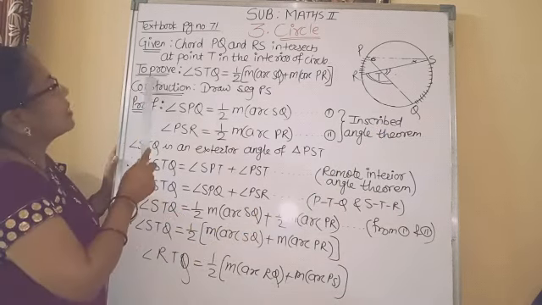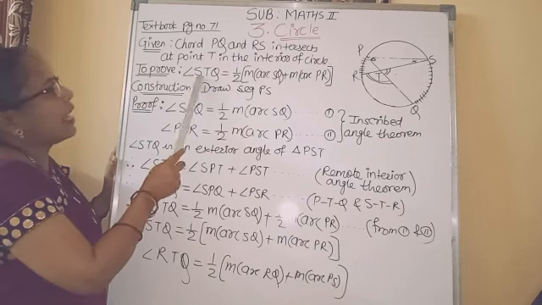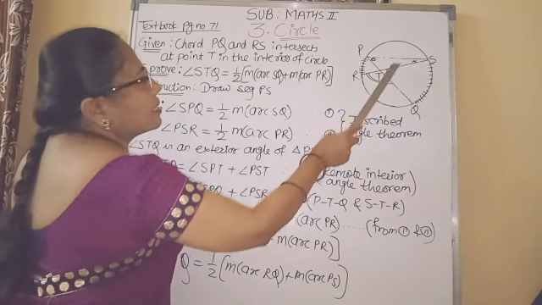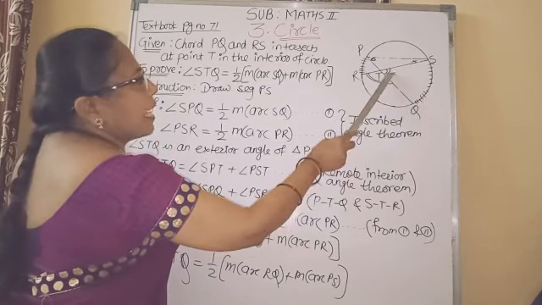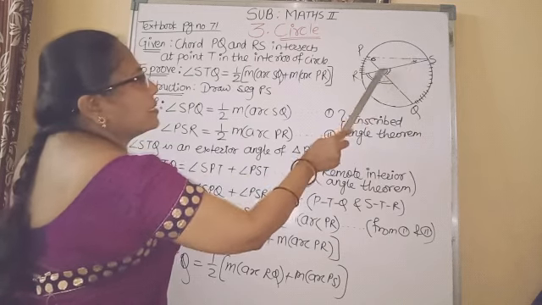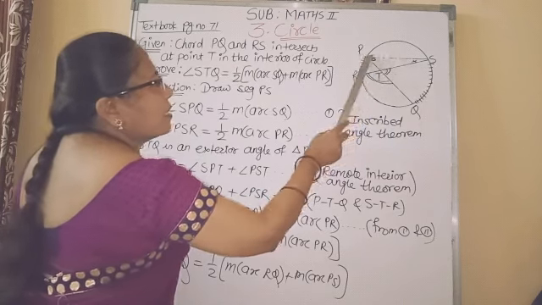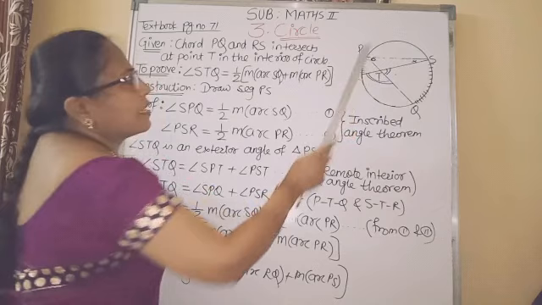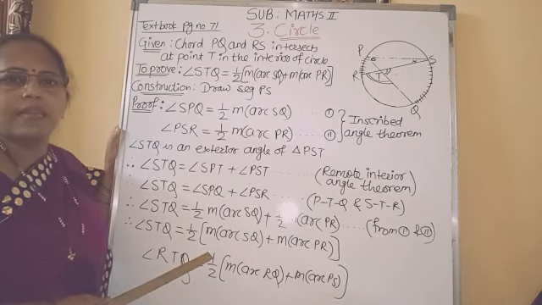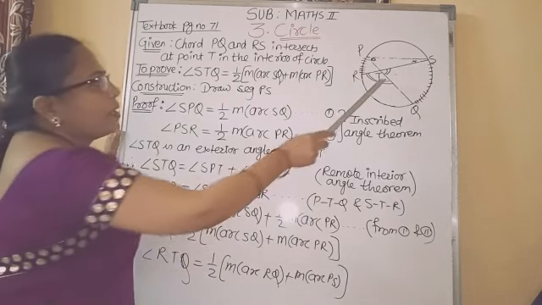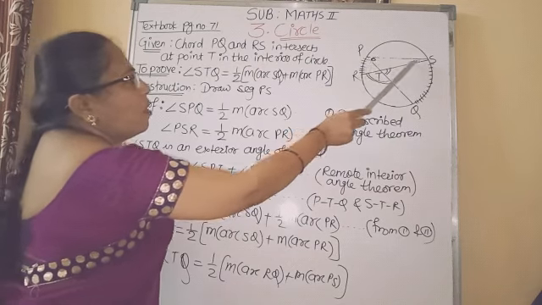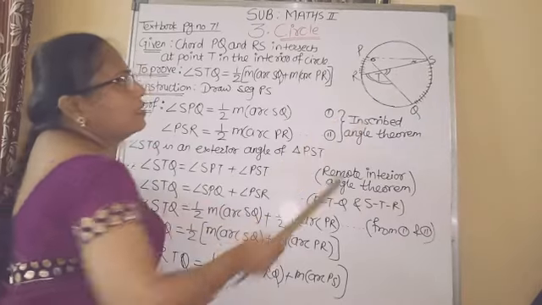Okay. But here which angle we have to find out? Angle STQ. So in this figure, angle STQ is exterior angle of triangle PST. See this small triangle you can see here. This angle STQ is exterior angle of this triangle. So in 9th standard we studied the remote interior angle theorem, that measure of exterior angle is equal to sum of remote interior angles.